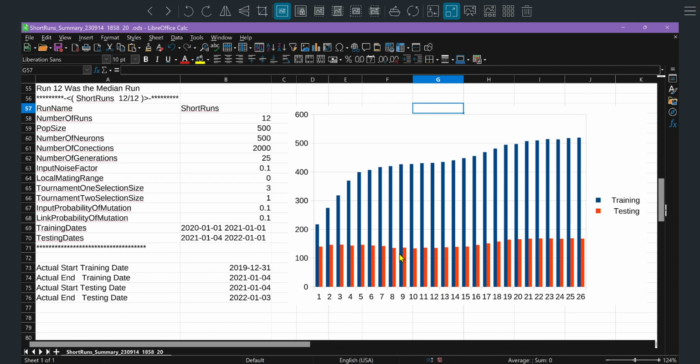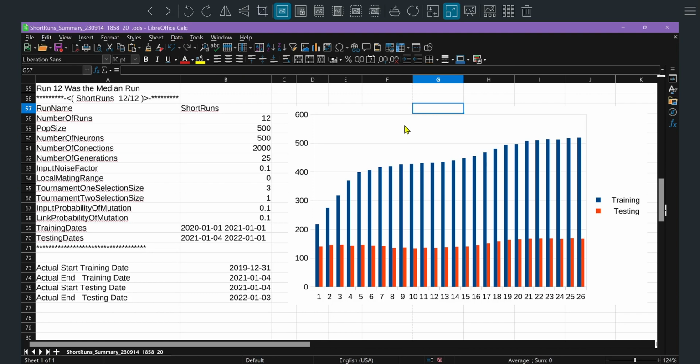Some of these graphs showed that the testing results improved as the training results improved, but a lot of them were just like this. So it comes up with an investment strategy that works pretty well in the testing period, and it does it almost immediately. So interesting result.